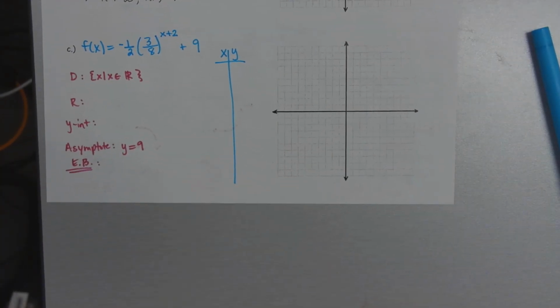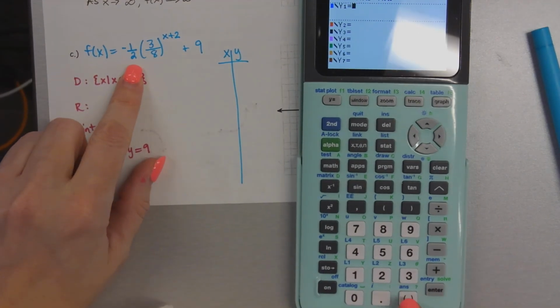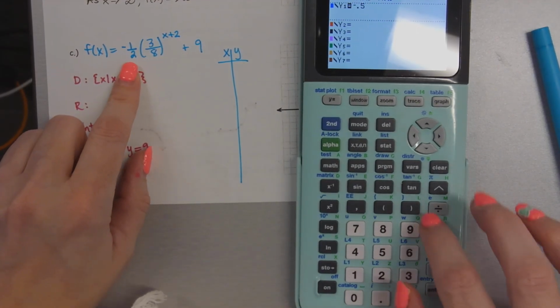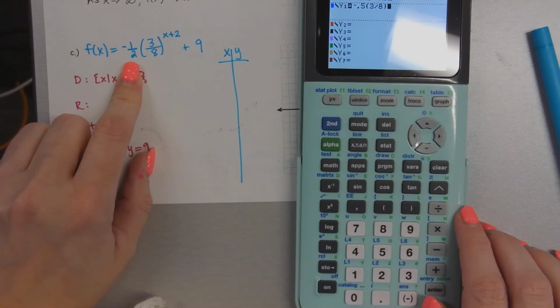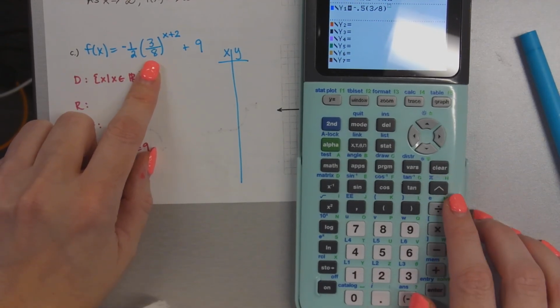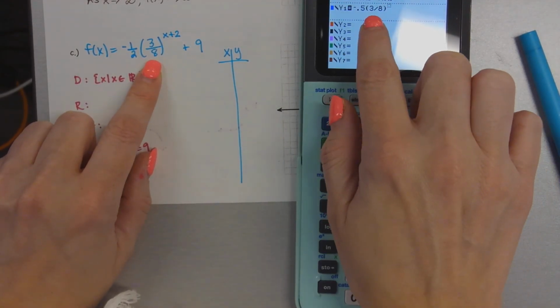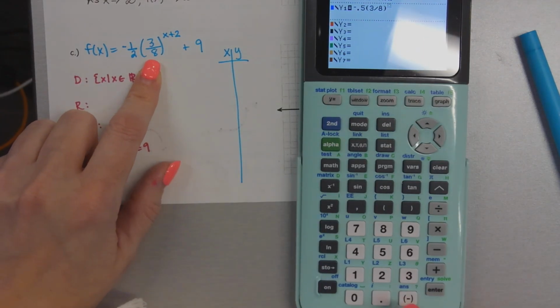So again, I want you to practice plugging that into your calculator. Sometimes it might be easier if you have -1/2 to put -0.5. And then you can always use the division if you want the decimals.